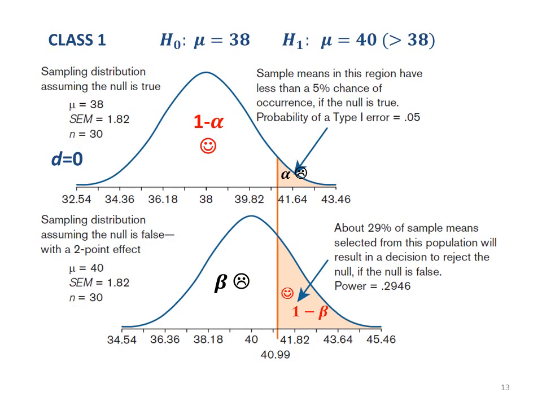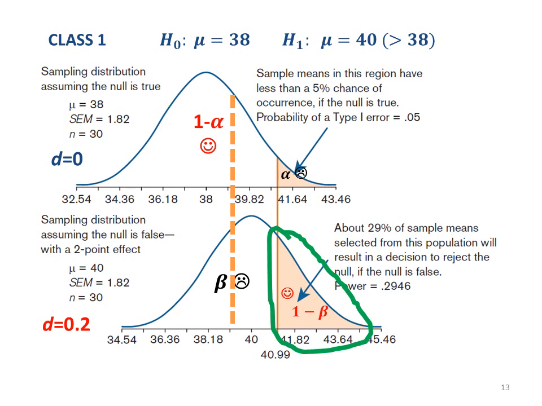Now we put the previous two slides together and we get this figure 7.10 in our textbook. It shows us when the effect size d is 0.2, this is the power for our test. So keep this one in mind because we'll compare this power to the power for the test in class 2.